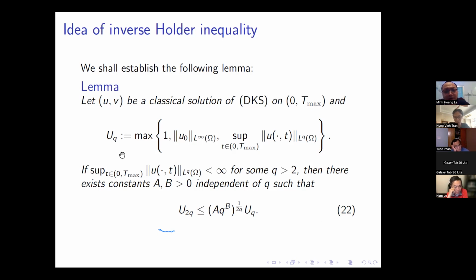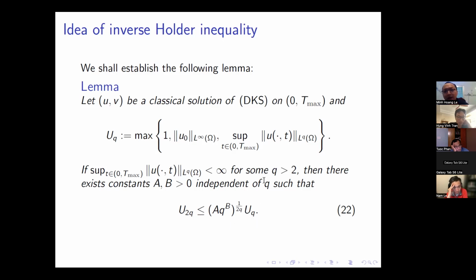For the elliptic equation, we remember when we studied the Cauchy method, we have some Laplacian of u equal to f. Then for L^q estimates, we have to pay with the smaller ball. But here we consider the heat equation, something like this. We do have some type of inverse Hölder inequality, in the sense that we define U_q equal to the maximum of this quantity, then U_2q can be bounded by U_q, right?